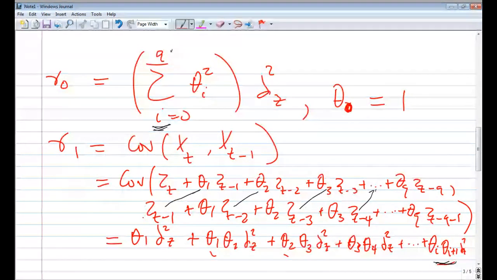Zt doesn't have any other variable here. You can't combine it with anything. If you combine Zt and Zt minus 1, the answer is 0. Yes, it's going to be 0 because they are independent. So we can't just write 0 and occupy our space for nothing. That is why we left it out. Oh, I understand, sir. Thank you.